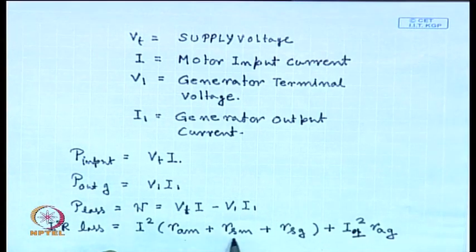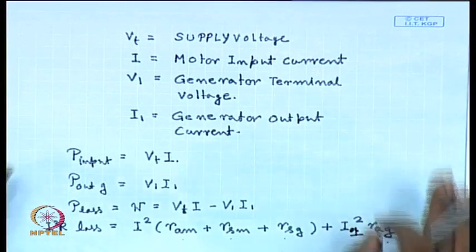Now, these resistances can be individually found by the voltage drop method, those components.